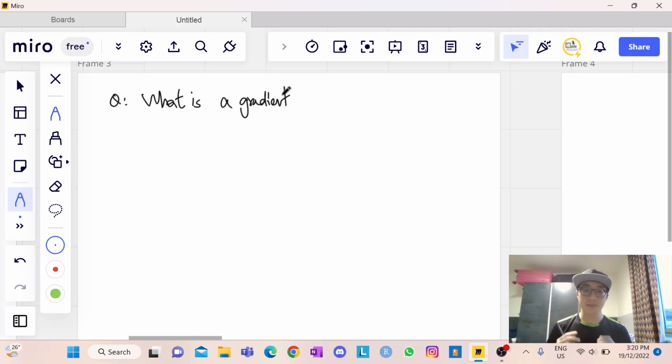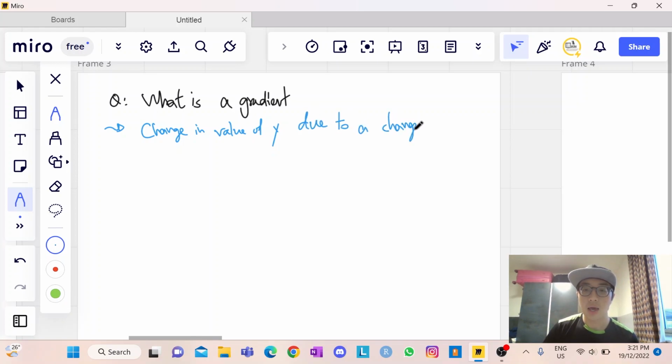So in this mathematics case, the gradient is the slope of a line. It is defined as the change in value of y due to a change in x.